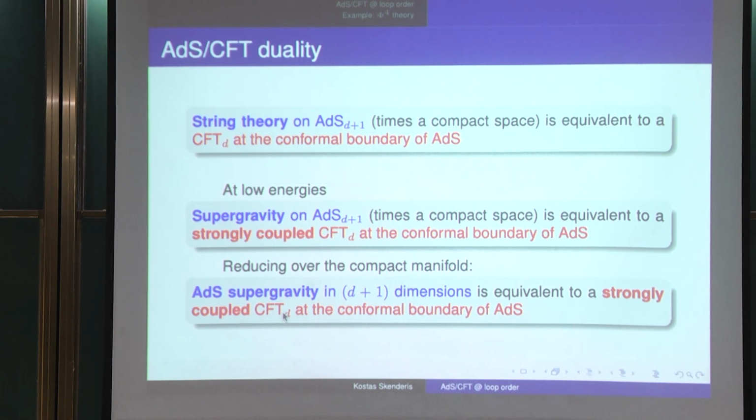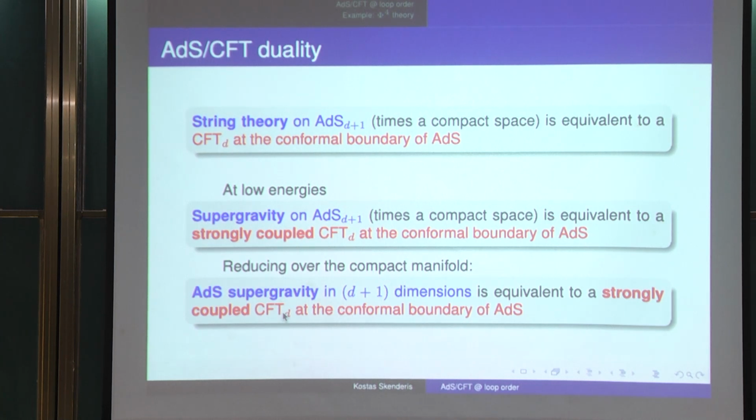Now, once you have a theory with a compact space, without loss of generality, you can do a Kaluza-Klein reduction, not a consistent truncation. A Kaluza-Klein reduction, in the sense that Kaluza and Klein did it in the 20s, keeping all the modes, and then write that theory as a 5-dimensional theory coupled to an infinite number of modes.